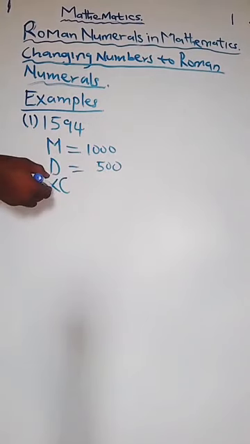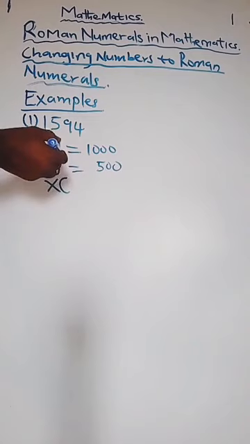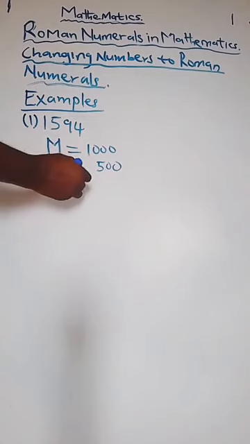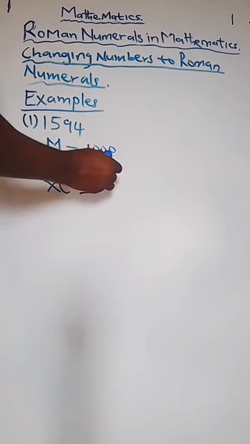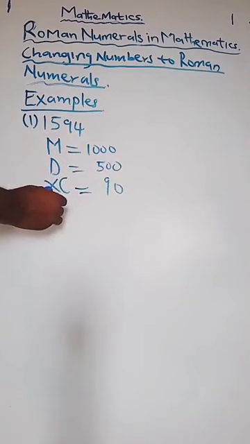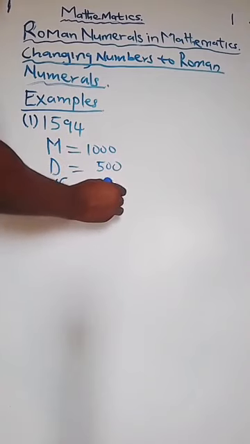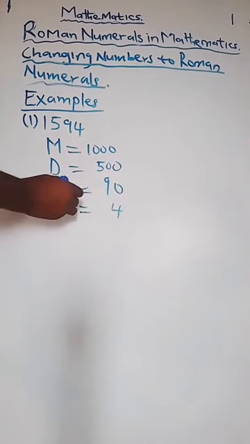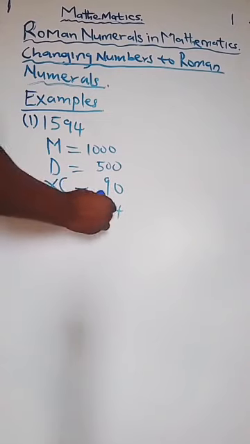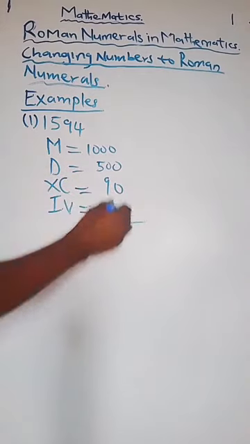C is 100. X is 10. So X is before the C. So we are going to remove this X from C. That is 100 minus X. So this will be 90. Then we have I, V to be 4. Alright? Because this is 5 minus 1, 4. Now we add everything together. So this is 4.